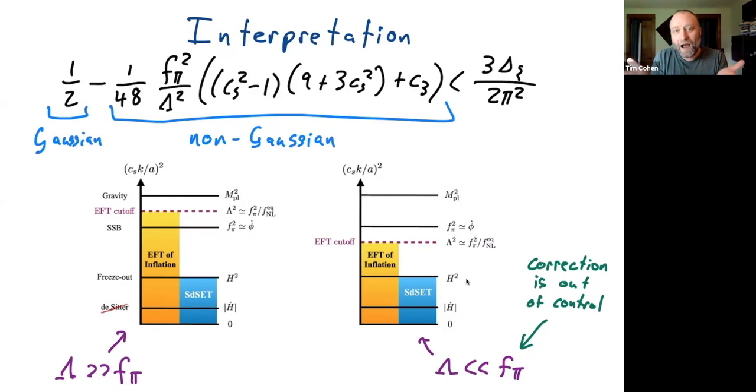And especially in hindsight, it was very obvious that you were in this regime where soft and collinear divergences were important. Here, because of all this processing into this probability distribution, there's no kinematics anymore. And so it's sort of hidden where the issue is, right?